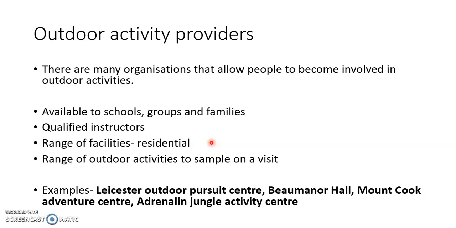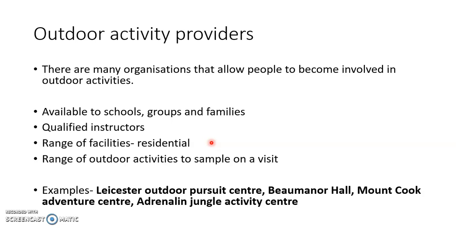Some of them are very specific, like Go Ape. That's more high ropes, whereas somewhere like Leicester Outdoor Pursuit Centre, there's a variety of activities that you can do: high ropes, canoeing, raft building, abseiling, rock climbing.